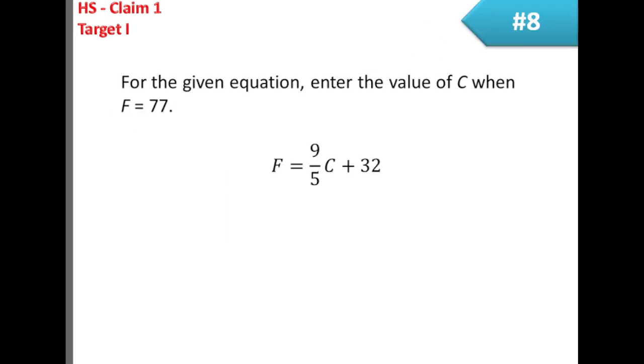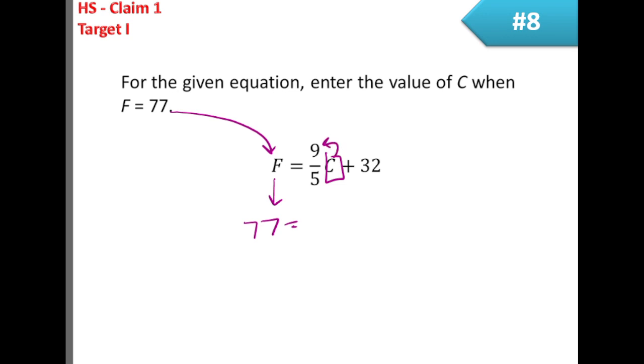All right, for the given equation, enter the value of c when f equals 77. Again, some of you also struggle here. I think it's just how it looks. It looks foreign to you guys, but really it's the same thing as what we've been doing. So we are looking for c, and f is 77. So instead of f now, I'm going to write 77 equals, and if you see here, c is in between 9 and 5.